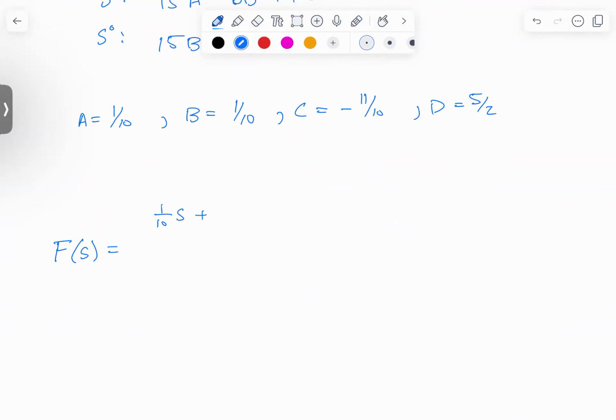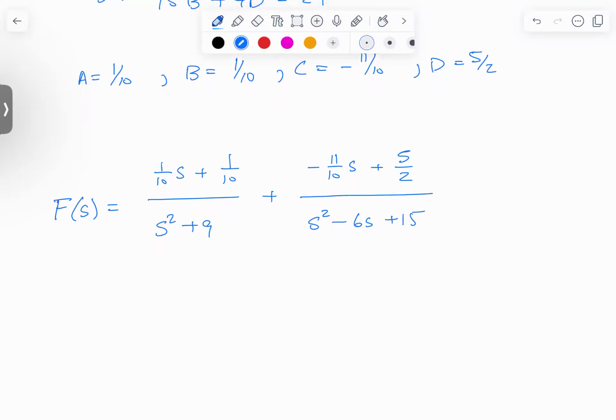When we plug those back in, all right, this is what we end up with. Okay, so we did all that, and then get this. I'm not sure what I'm looking at.